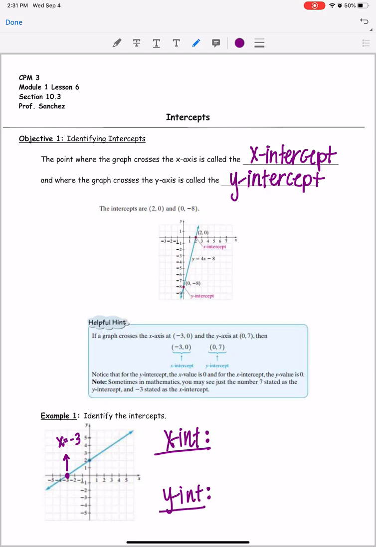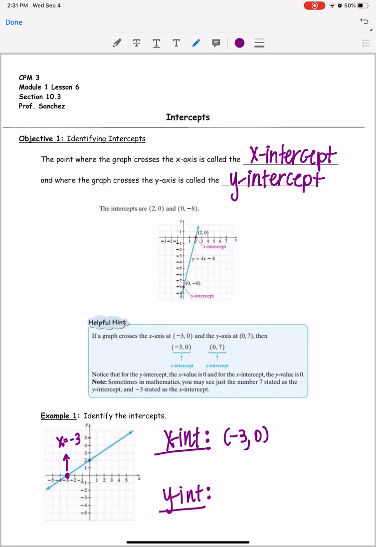So when you write this as an ordered pair, because x equals -3, remember your ordered pair is usually x comma y. So this number goes in for the x. Since x equals -3, we get -3 for the x, and then 0 for your y.